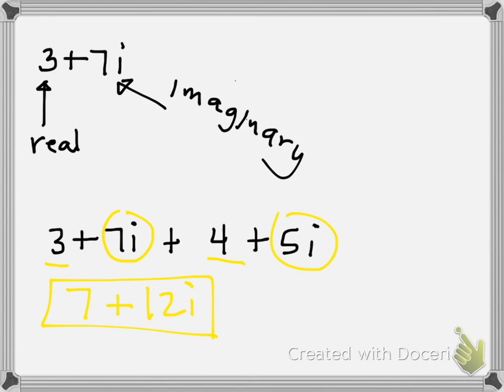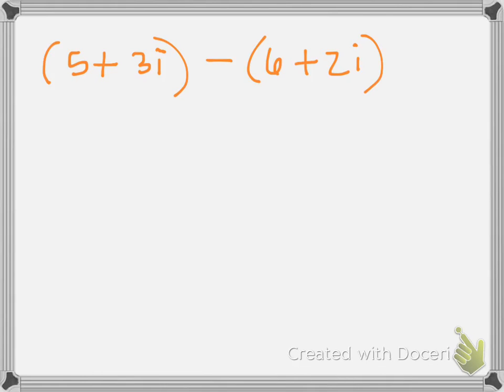Alright, what happens when you subtract imaginary numbers? Let's say you have 5 plus 3i minus 6 plus 2i. You do it just the same. So I distribute the negative, so I get 5 plus 3i minus 6 minus 2i.